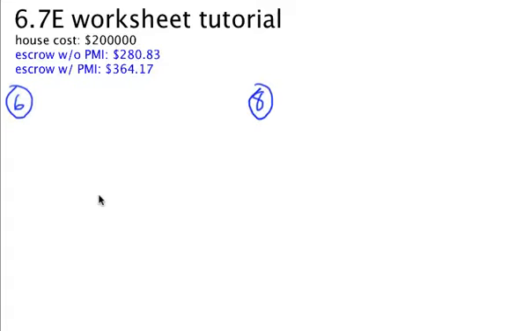Alright, now we're going to go through how to do questions 6 and 8 from 6.7e. So we're going to try to find out these answers. Now, when I ask you to find your monthly loan payment, I'm only asking for the first 7 years on number 6. So it's a 7 and 1 arm at 3.25%.